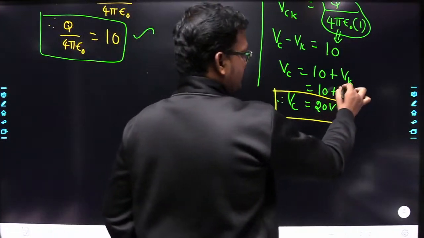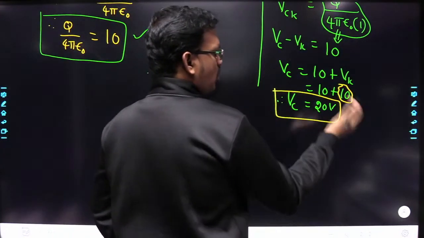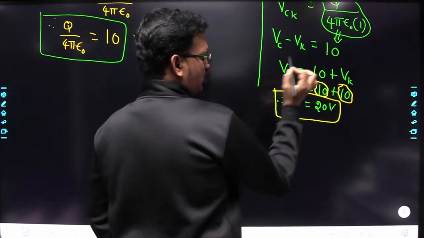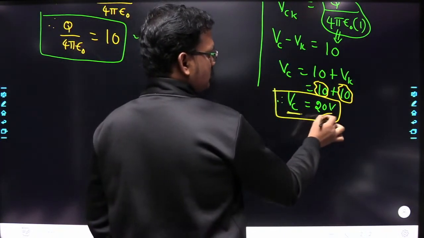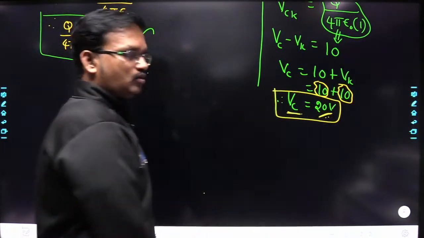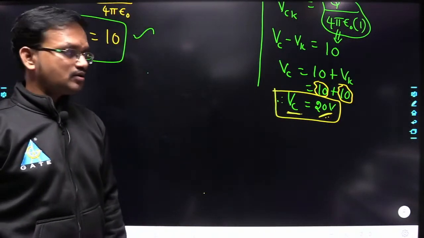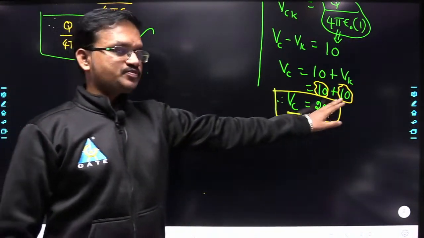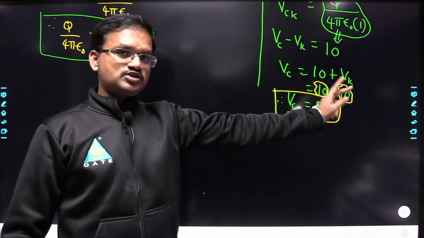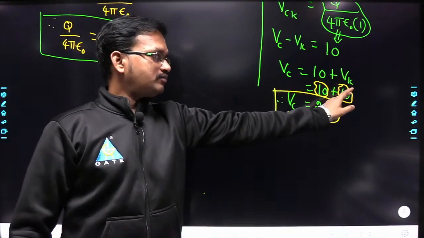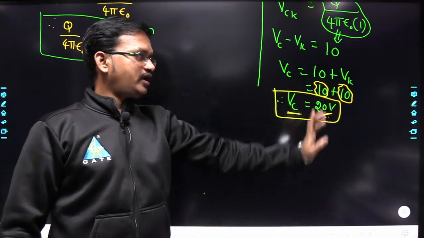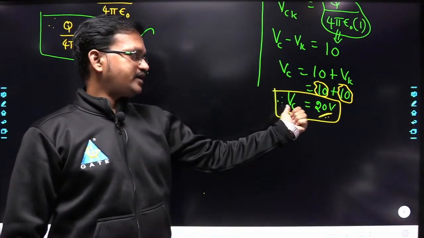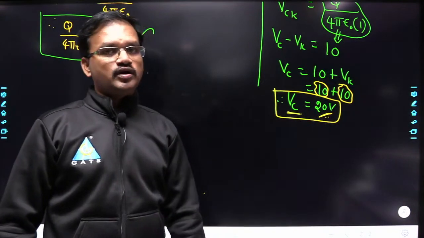With respect to this reference, you have gained 10 volts. Already 10 volts is present at the reference point, and you have gained 10 volts in moving from the reference point to point C. So the overall potential at C is 20 volts.